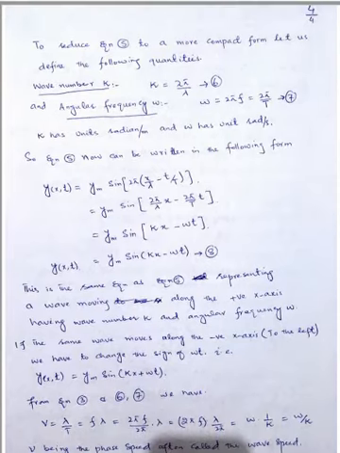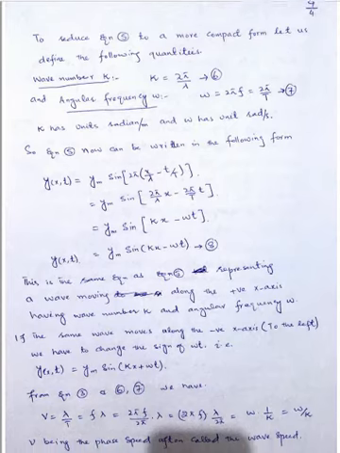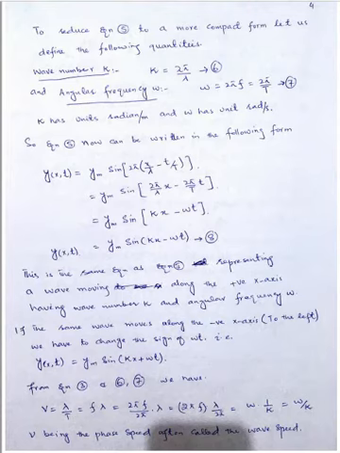In order to reduce this equation from so many terms to a very simple equation, let us define some terms. These terms are the wave number, which is 2π divided by the wavelength, and the angular frequency, which is 2π times the actual frequency f.